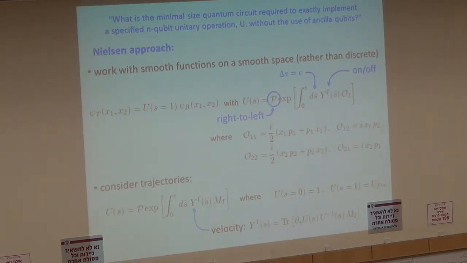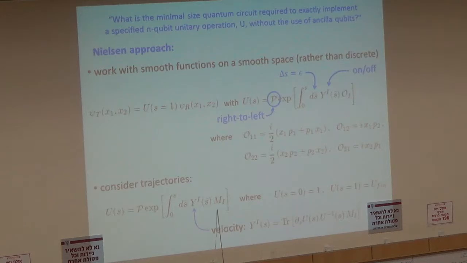There's a very specific way in which you think of it as a velocity, and it's just this formula here. I take a derivative with respect to s of this expression, that brings out the last operator, which for him was that matrix M. Then I multiply by U inverse on the right, that gets rid of the rest of the exponential.